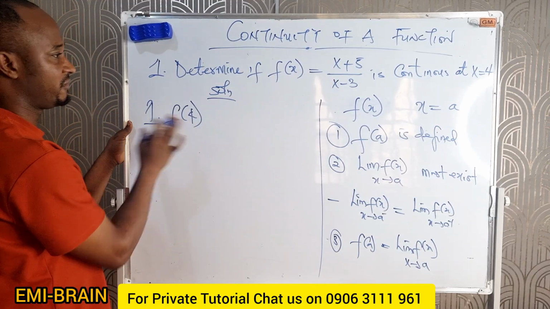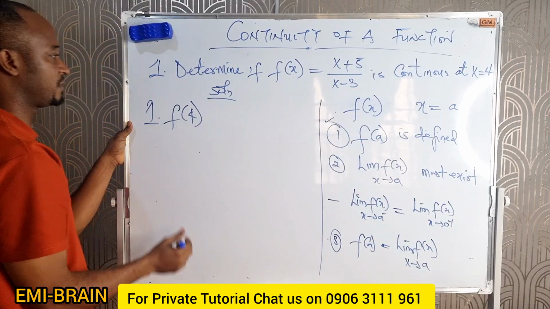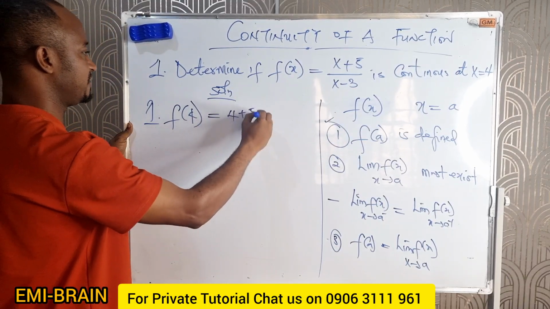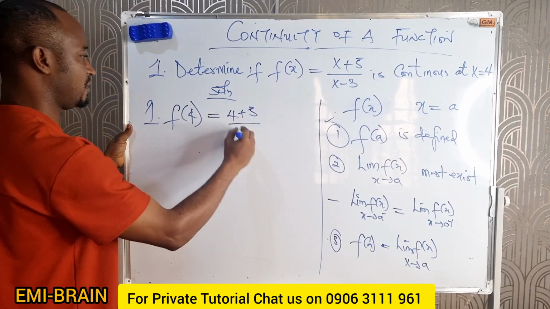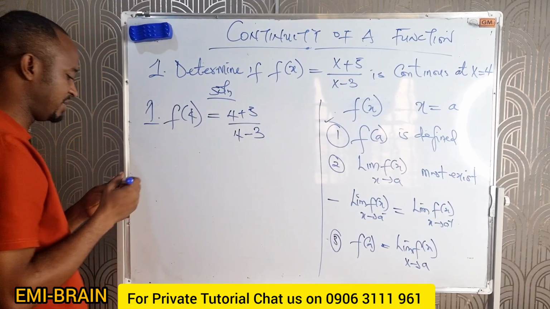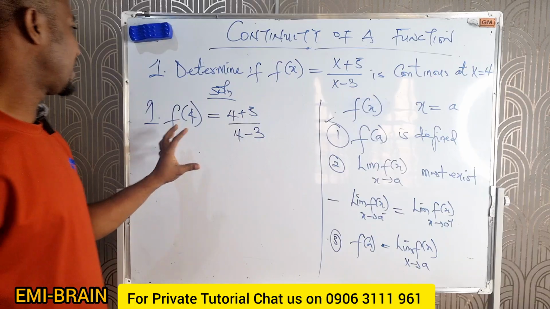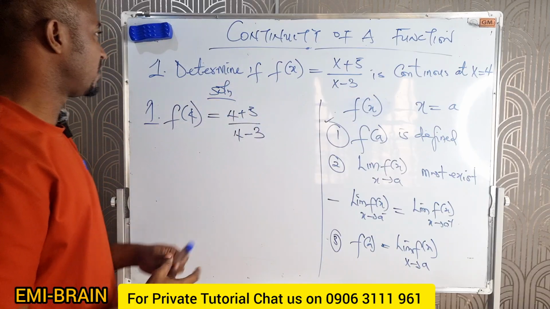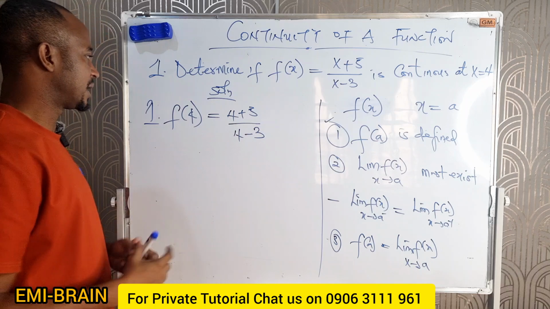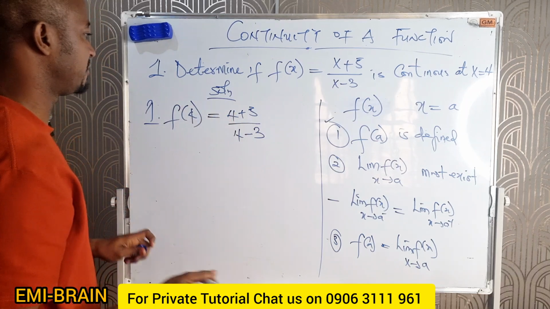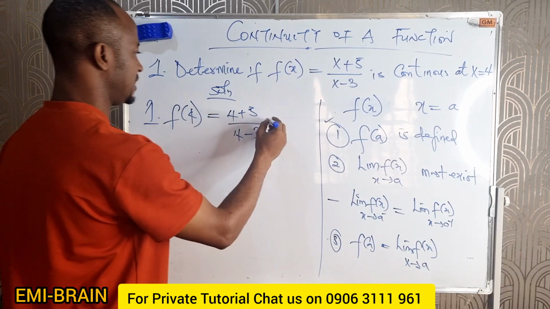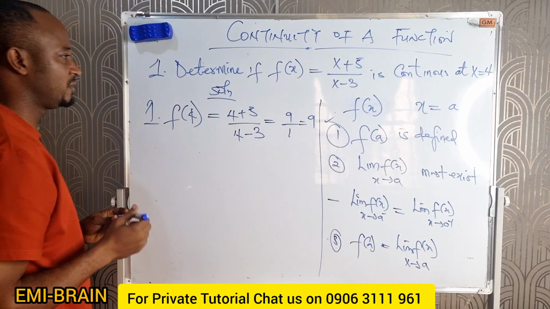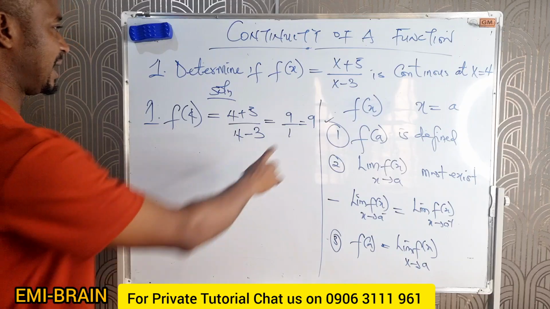F of 4 will give us 4 plus 5 divided by 4 minus 3. To define f of 4, anywhere we see x, we just substitute the value of x as 4 in f of x. That will give us 9 over 1, which is equal to 9. So we have been able to define f of 4 as 9.